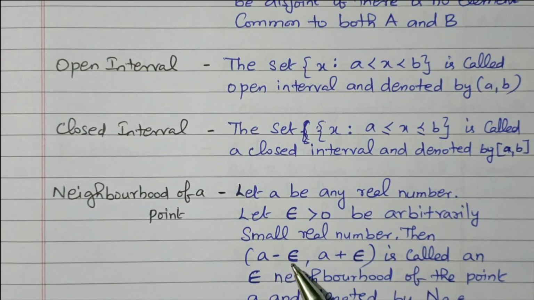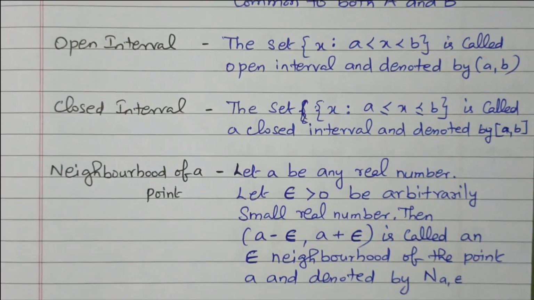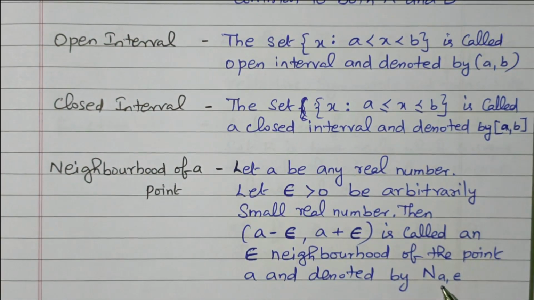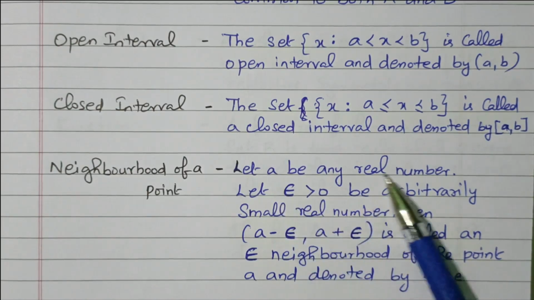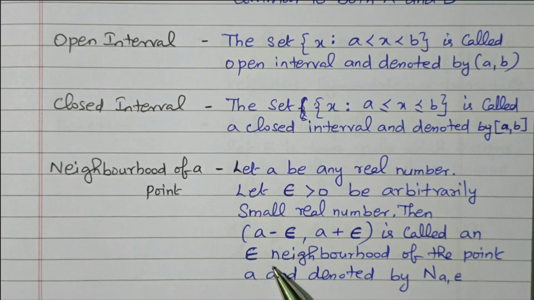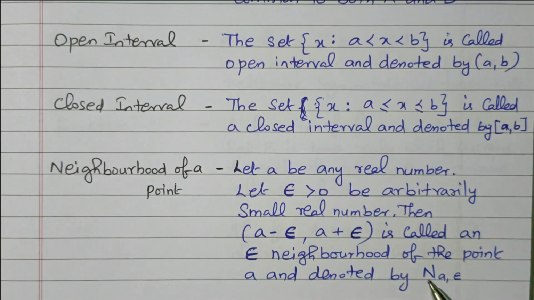Then (a − epsilon, a + epsilon) is called an epsilon neighborhood of the point a, denoted by N(a, epsilon). So a is the real number and epsilon is the small real number.